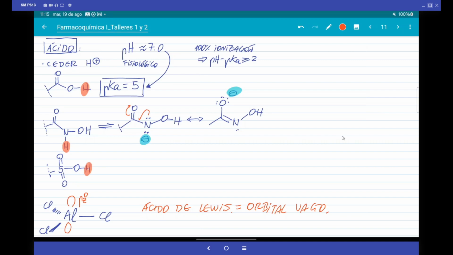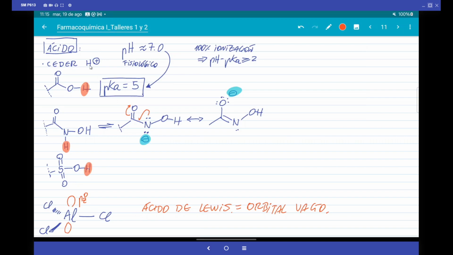But the problem is that Lewis acids, with empty orbitals, very easily bind to proteins, carbohydrates, genetic material through that empty cavity, in quotes, and that is why they cannot be used as a drug. They are too toxic, too reactive. And with respect to the acids, we are going to see that a group that can release a proton can be of several types too.